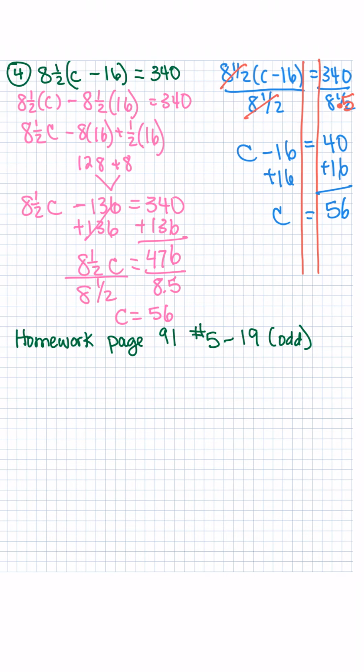So otherwise, if there was an additional plus something in this, so if it said plus 2, you would have to get rid of the plus 2 before you divided by 8.5. But that's an option. Either way is correct in doing it. Just making sure whatever you do to this side, you have to do to this side. Your homework for tonight is page 91, numbers 5 through 19 odd.